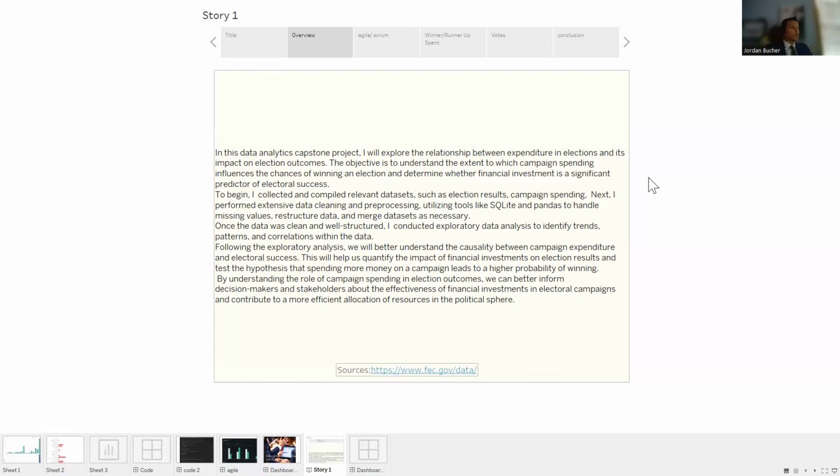By understanding the role of campaign spending in election outcomes, we can better inform decision makers and stakeholders about the effectiveness of financial investments in electoral campaigns and contribute to a more efficient allocation of resources in the political sphere.